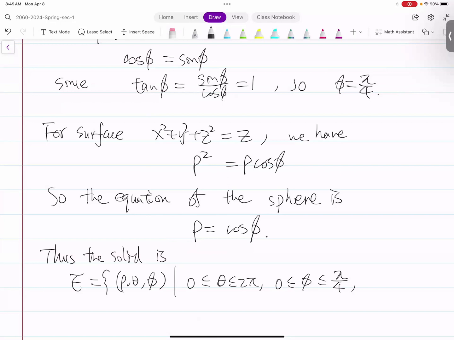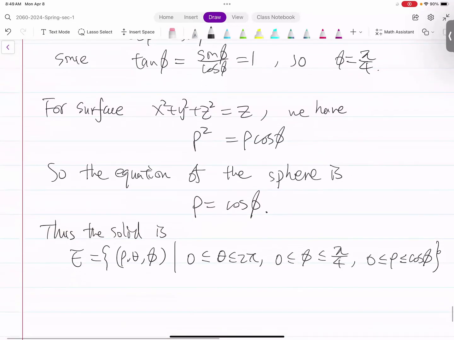But we put rho in the most inner because rho relies on other things. Rho relies on phi. So this gives you the order in which you describe the volume of the solid.